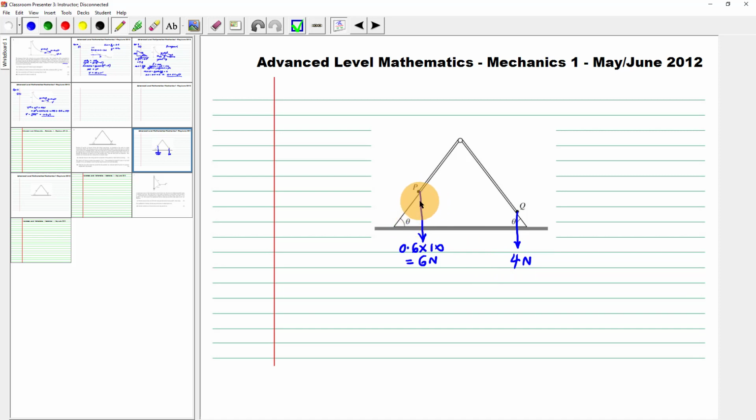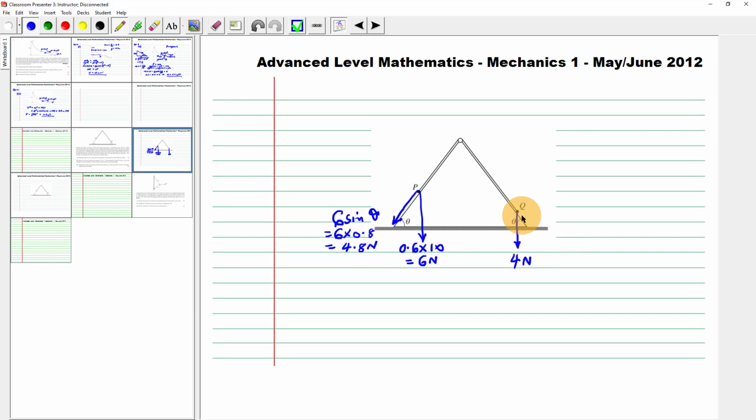The component of the weight of P down the slope is like this, and it will be 6 sine theta, which is actually 6 times 0.8, and this will give us 4.8 newtons.